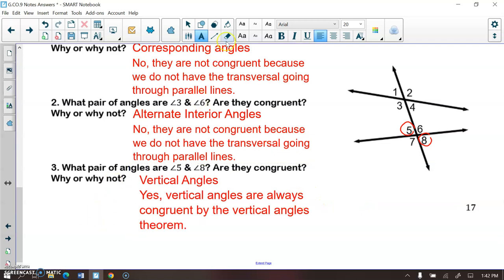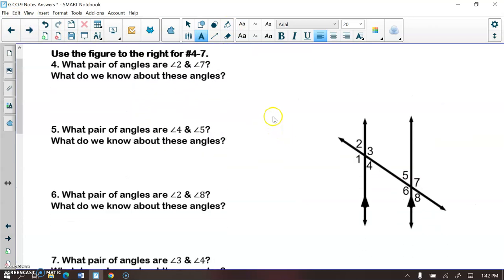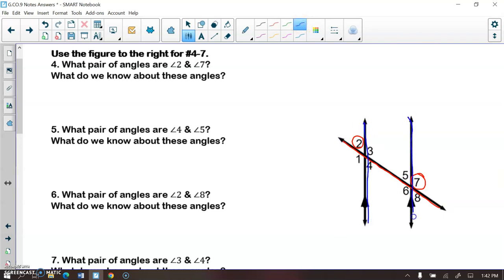All right, moving on to our next page. Looking at the figure, what can we conclude about angles 2 and 7? What type of angles are these? They are on the same side of our transversal. The transversal is the one that I highlighted in red, and the transversal goes through a set of parallel lines.